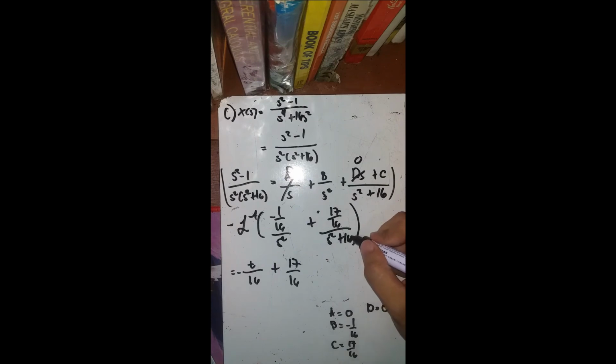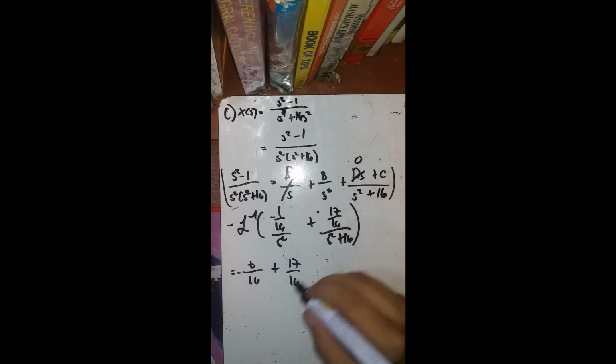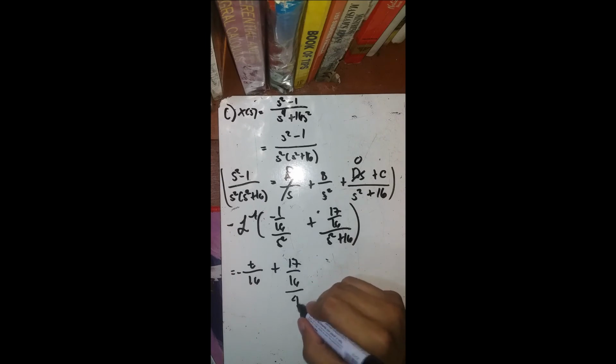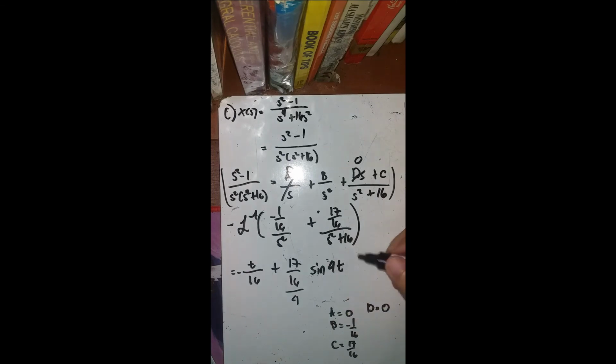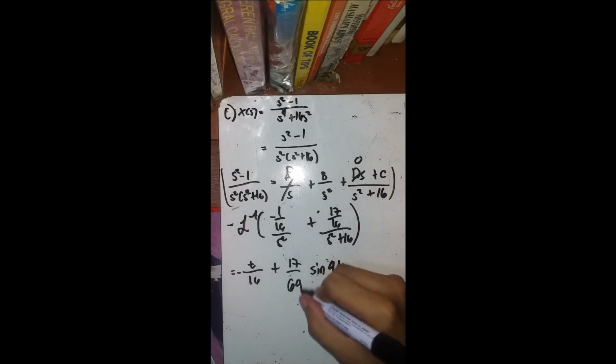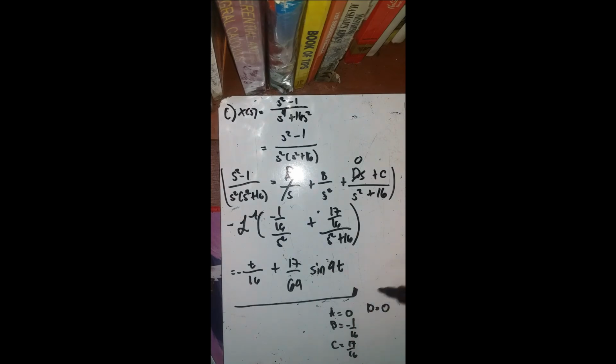Since this is 4, your b is 4, so we have to multiply this by 4, meaning we have to divide this by 4 also. So this will be your sine 4t. Here, this is to be simplified, this will become your 64. This will be your final answer for your letter C.